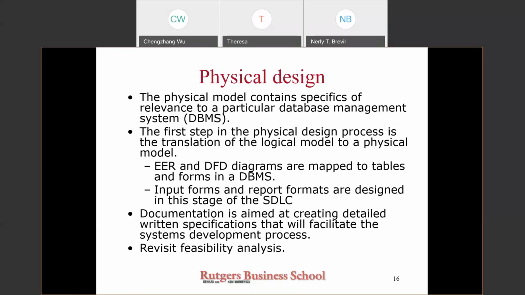If it appears at the conclusion of the system design stage that the cost would outweigh the benefits, or the system is not technically feasible, then the system development project should be abandoned.